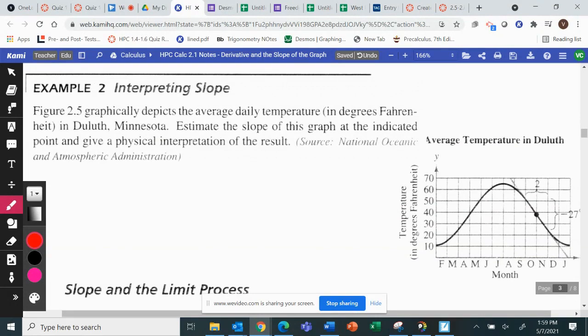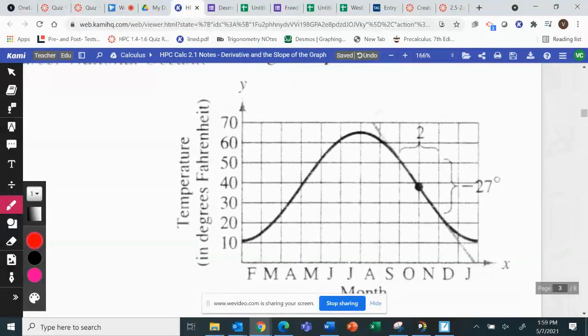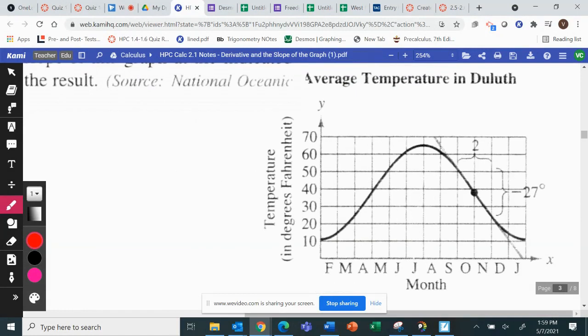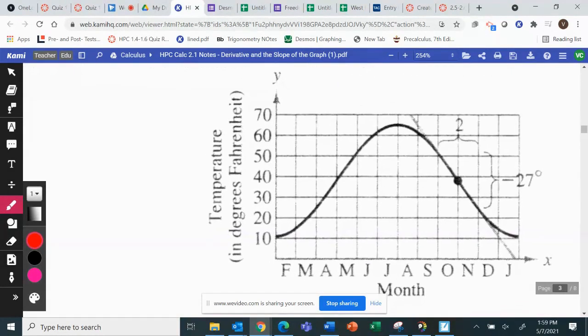We should also be able to interpret our slope. So here's a real life example. You can't see the question or the paragraph right now, but I'm just going to summarize. This is a yearly average temperature for Duluth, Minnesota. And you would expect it to be warmer in the summer and colder in the winter.